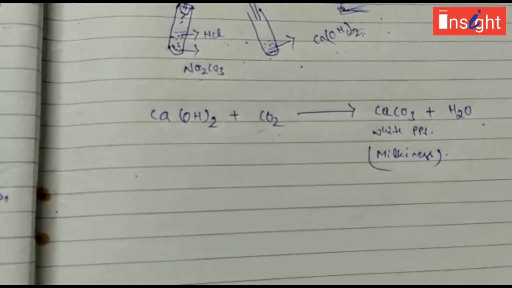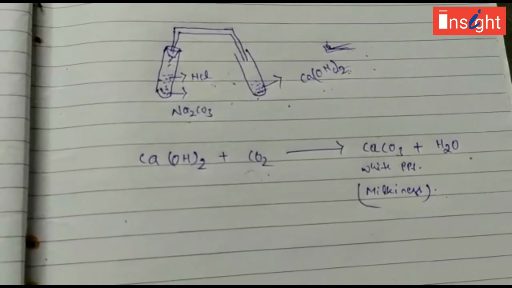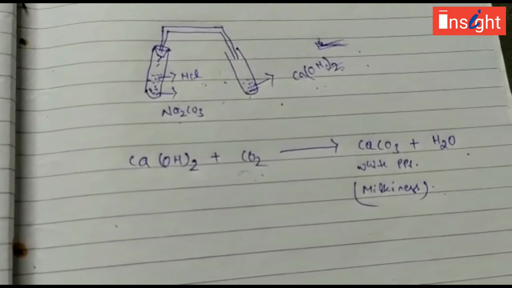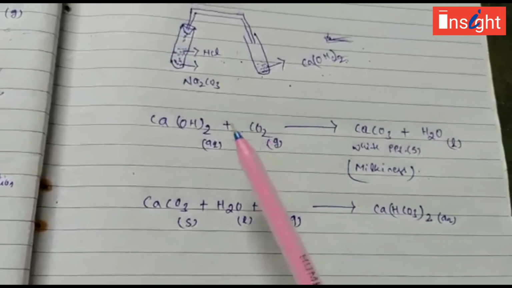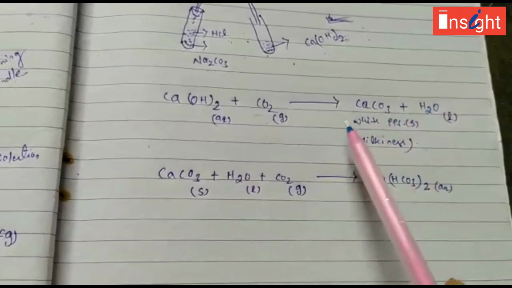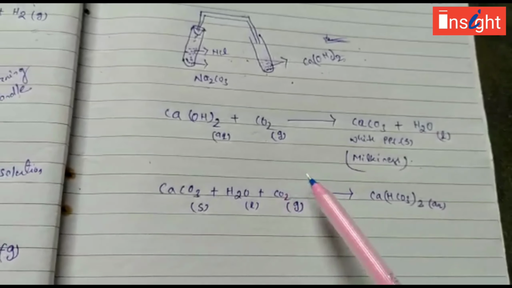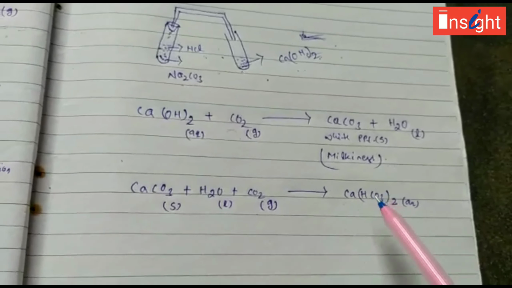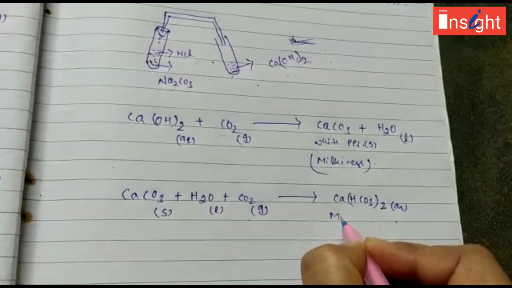So when carbon dioxide is passed through lime water, or calcium hydroxide, we get calcium carbonate, which gives a white precipitate or turns milky. If excess carbon dioxide gas is passed through it, then it gives calcium hydrogen carbonate, and here the milkiness disappears.